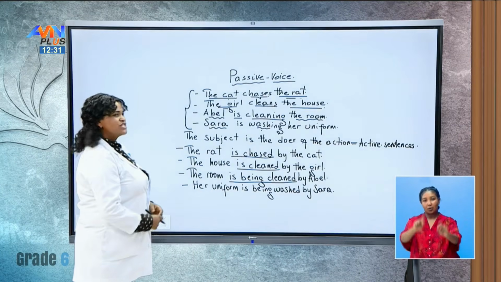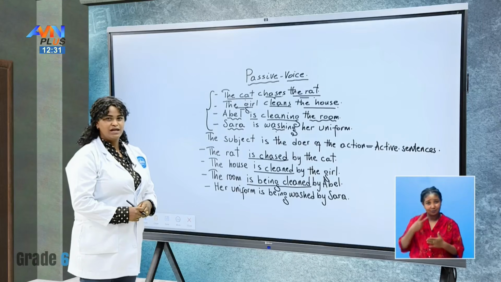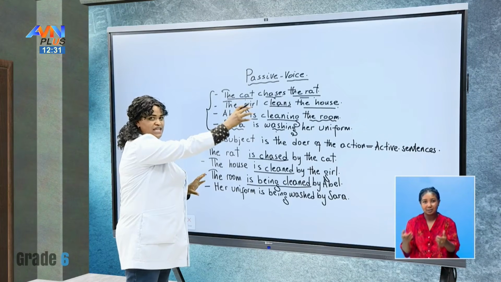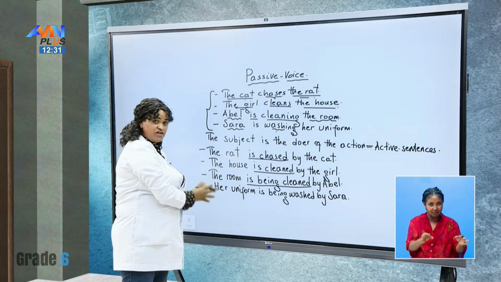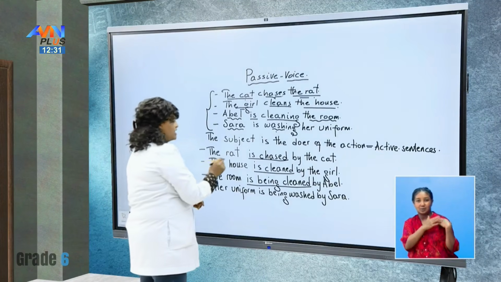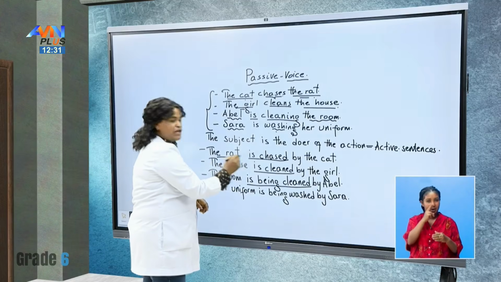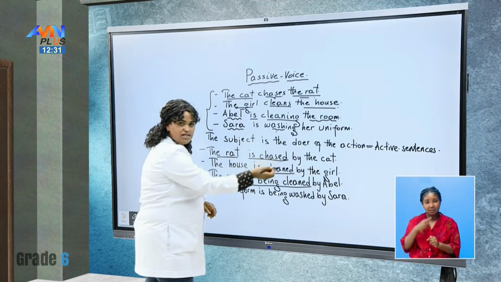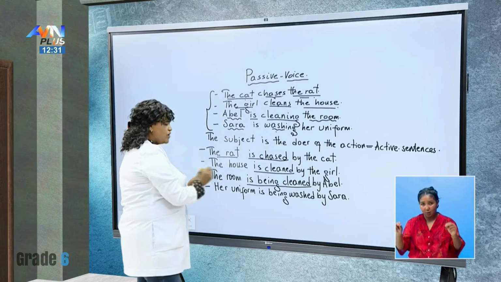Okay, what changes have we made? Yes, we make the objects in the active sentence a subject here, yeah? But do you think the rat is performing this action? Does the rat chase the cat? No. How about this one?